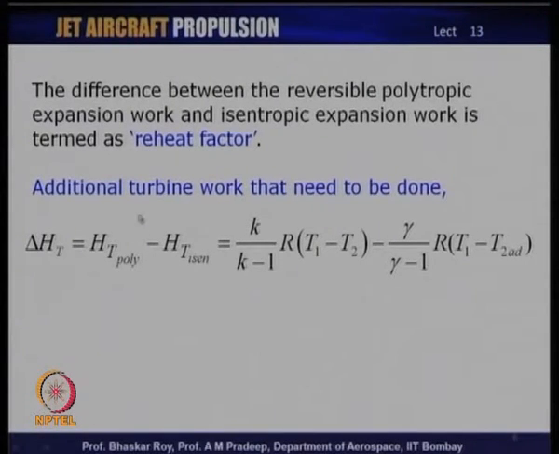This means that if you are to do the same amount of actual expansion work, the additional turbine work that needs to be done is given in terms of delta H_t, and that is H_t polytropic minus H_t isentropic, and that is equal to K by (K minus 1) multiplied by R multiplied by (T1 minus T2), minus gamma by (gamma minus 1) multiplied by (T1 minus T2) adiabatic.